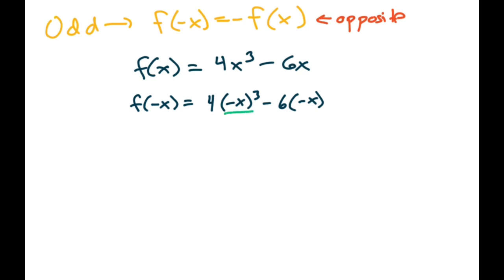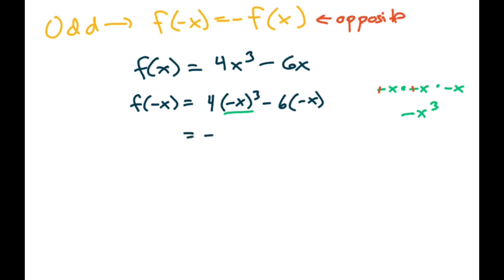Well, this (-x) cubed is -x times -x times -x. Well, again, a negative times a negative is a positive. So 2 of those negatives cancel out, but that last negative doesn't have anything to cancel out with, which makes this negative x cubed.